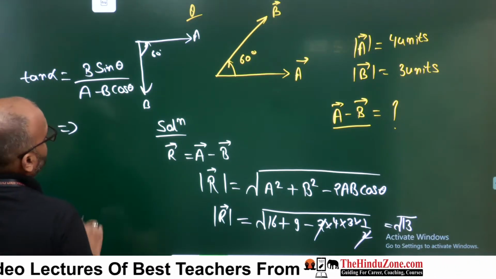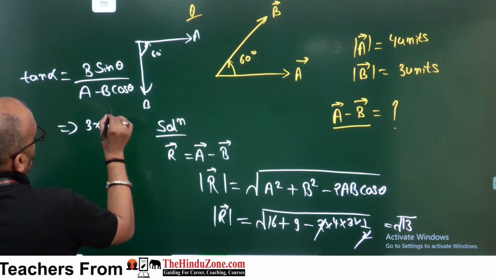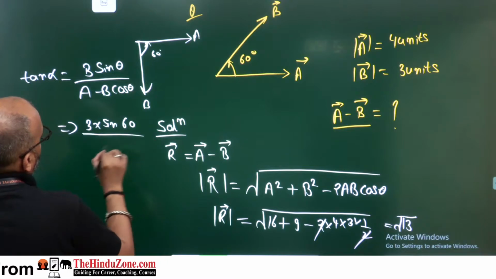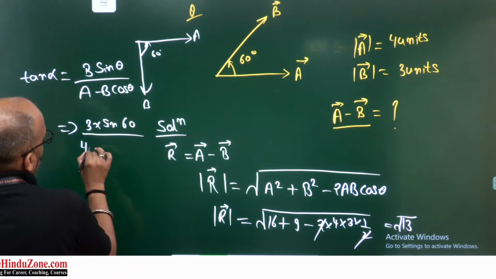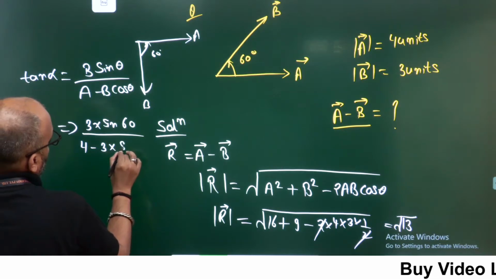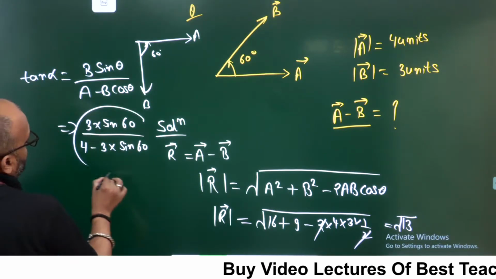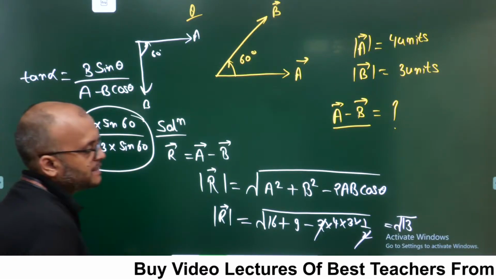What is B? B is 3 into sin 60 divided by A minus B cos 60. I hope now you can solve it. Just the calculation is there.